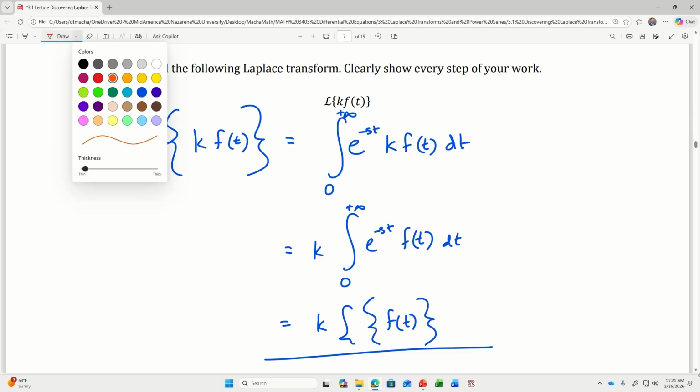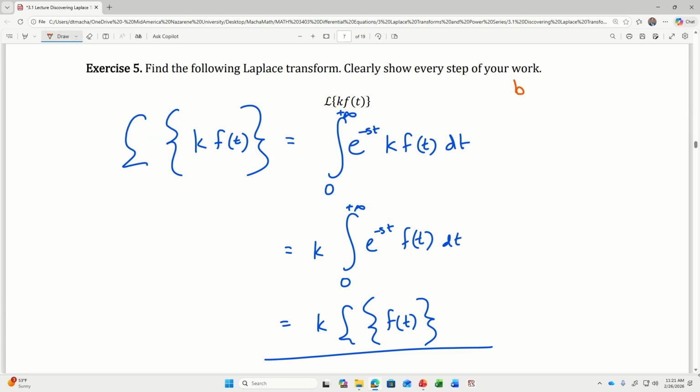By the way, our standard notation is that the Laplace transform is going to be the capital letter of whatever function we're working with. So capital F of s is going to be the Laplace transform of lowercase f of t.